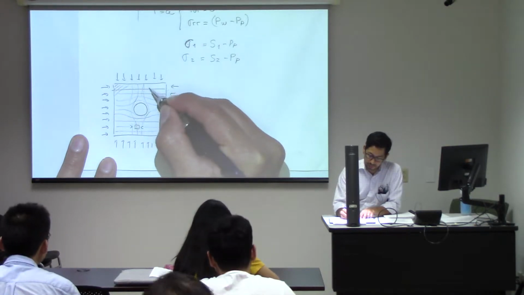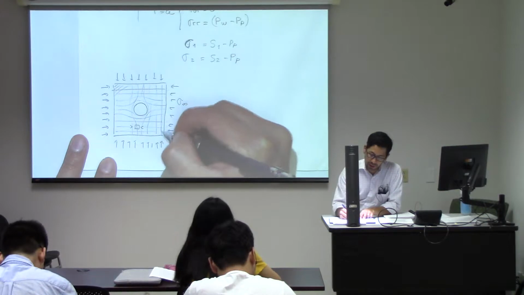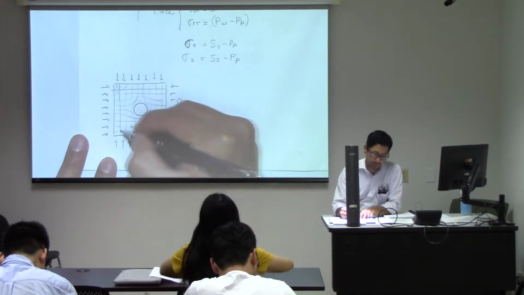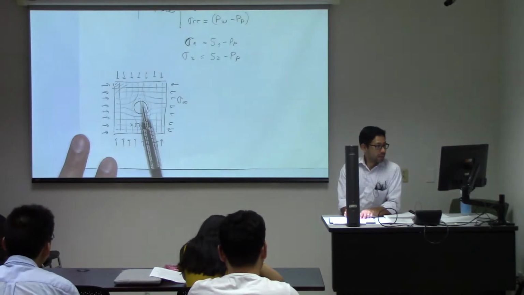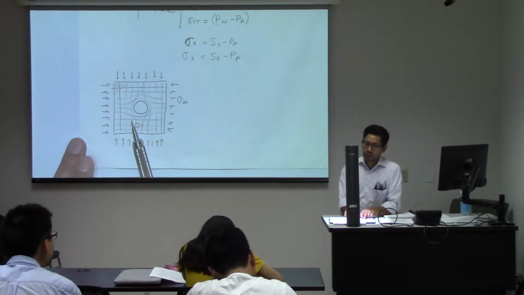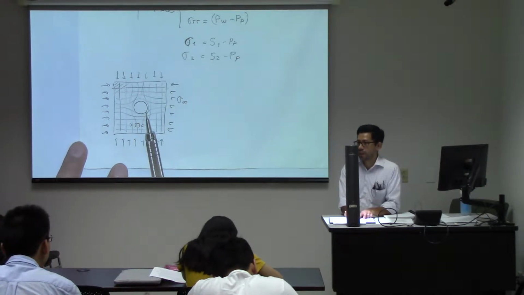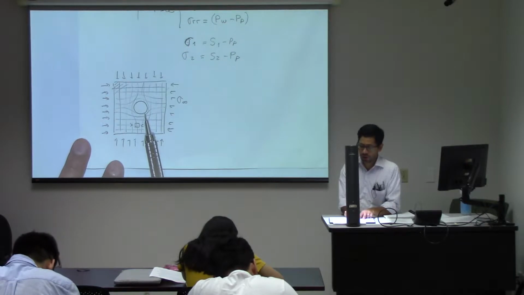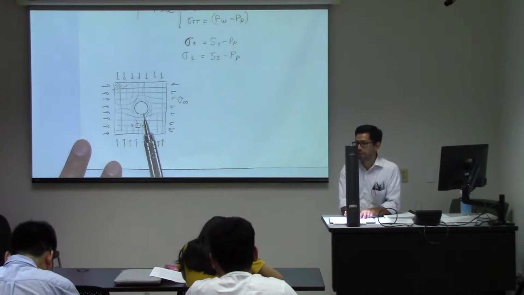And when you get far enough from the cavity, they will be straight again. This area where the stresses bend is the area in which your stresses change because of the presence of the cavity. That's called the zone of influence of the cavity.